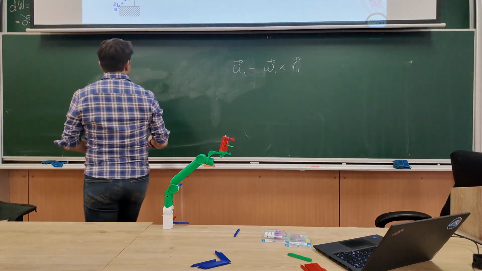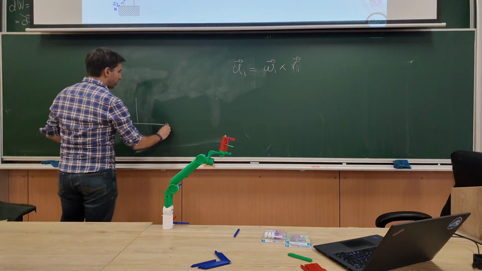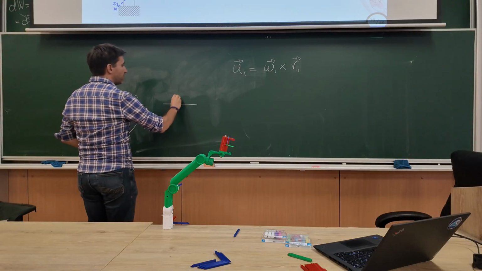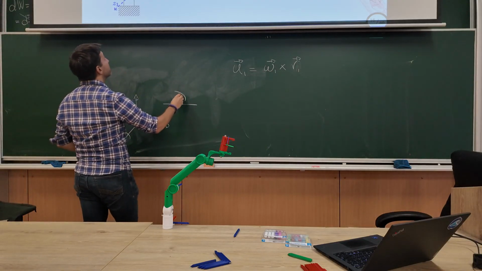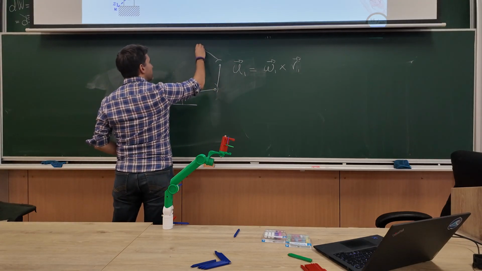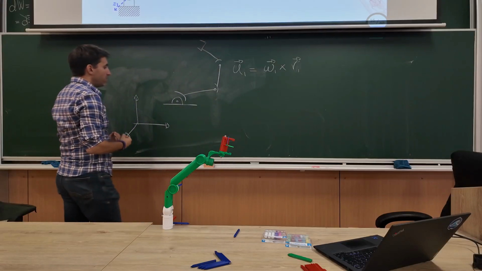Right. So I'll put also a frame here to understand this better. So let's say my robot is here. I have this joint, another joint, whatever.